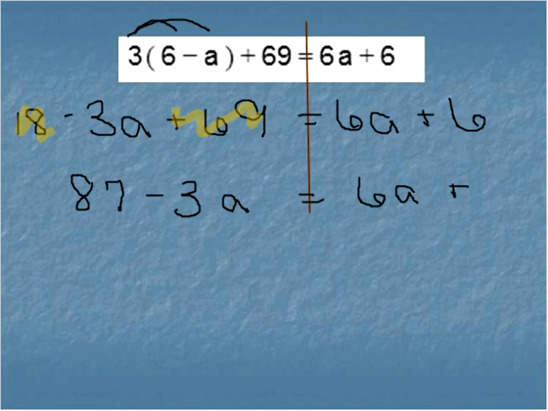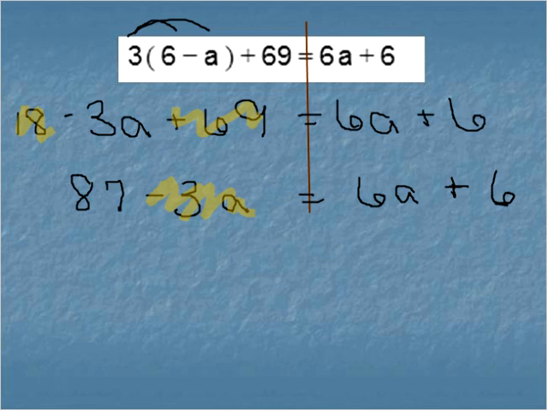Now we're going to move the smaller variables to the other side. So I'm going to look at the coefficients in front of them. I have a negative 3 or a positive 6. Negative 3 is obviously smaller, so I'm going to move that to the other side. I always want to move the smaller one so that my variable can stay positive. If my variable can stay positive, then that's one less step I have to do in the long run.